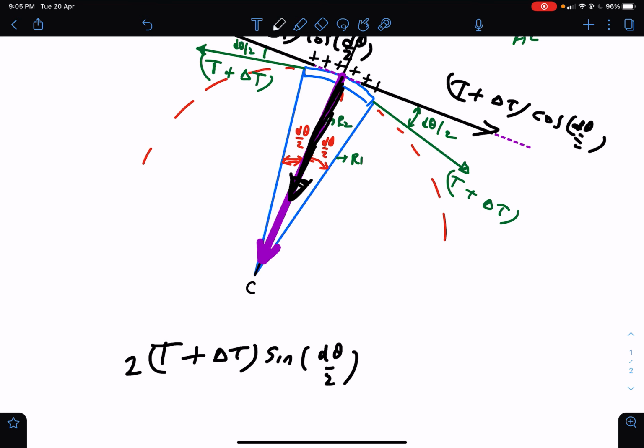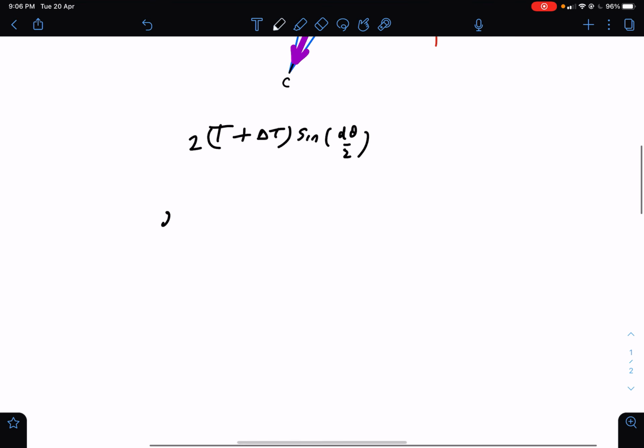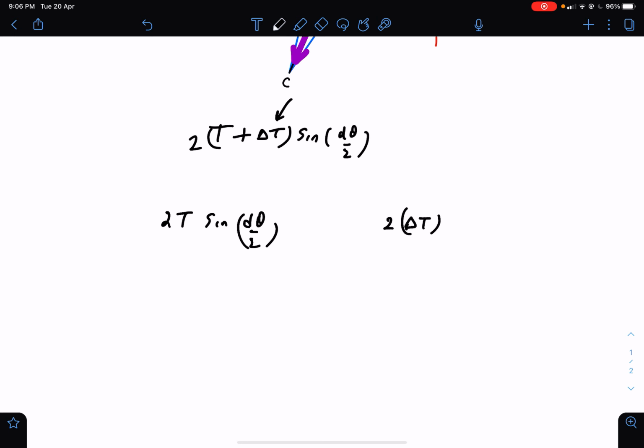This is the net resultant of tension force towards the center on a small element of the string subtending d theta angle at the center. Previous to increasing the tension by delta T, 2T sine d theta by 2 was already there. What is coming extra is 2 delta T into sine of d theta by 2, which can be written as delta T d theta, because sine of d theta by 2 is equal to d theta by 2.